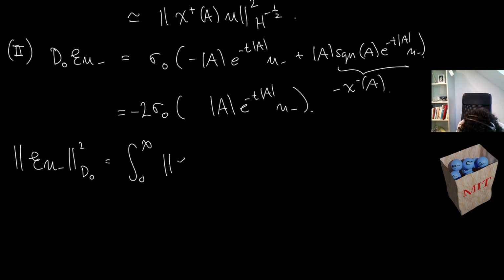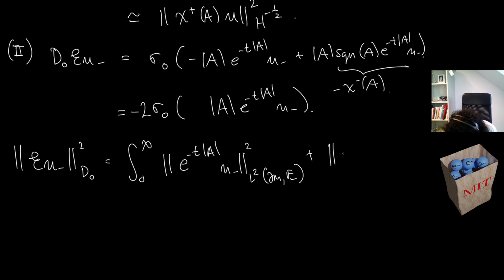So this is going to be e to the minus t a u naught squared L2 partial m plus, now I'm going to have to control this norm, right? So this is d naught of EU minus squared, and this is going to be L2 on the whole cylinder.